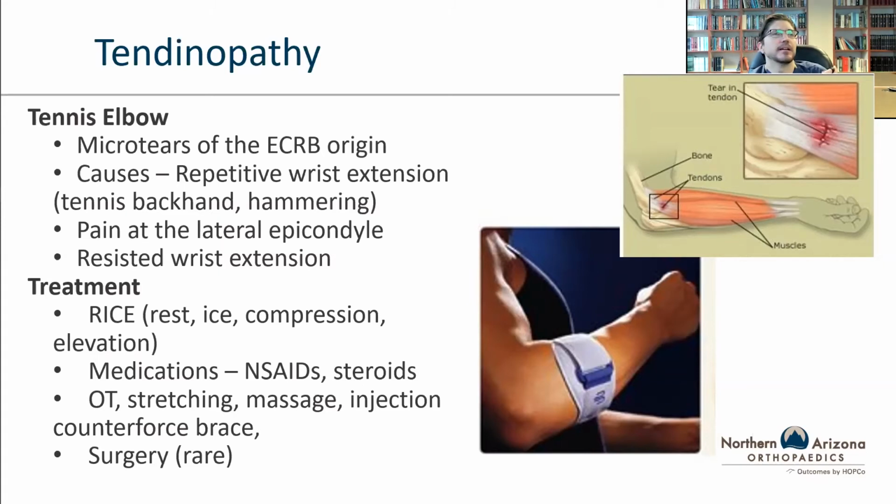And this will present commonly with pain over the lateral epicondyle, or part of the elbow where this tendon inserts, as well as specific maneuvers where we look for resisted wrist extension to see if we can put more stress on that area to elicit pain.